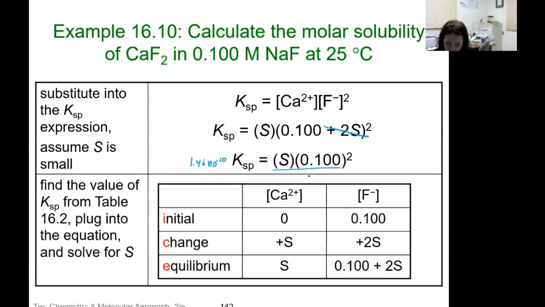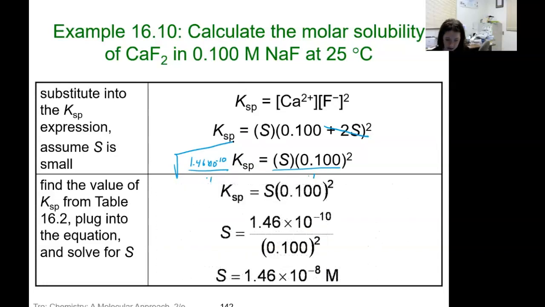Then we just divide by 0.1, take the square root, right? And then we get our molar solubility, 1.46 times 10 to the negative 8.